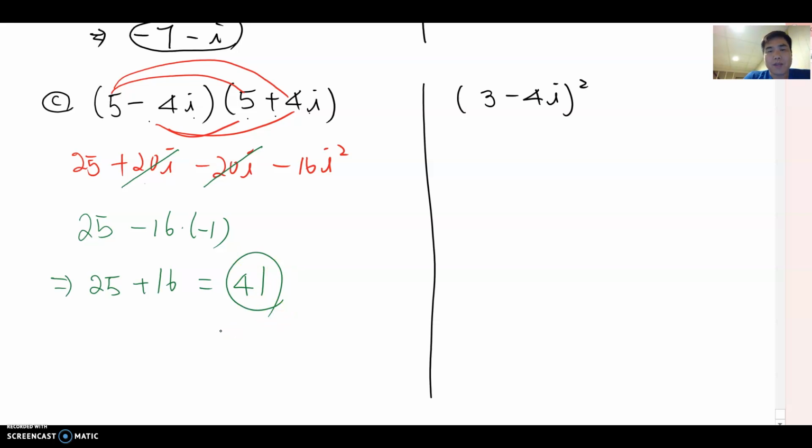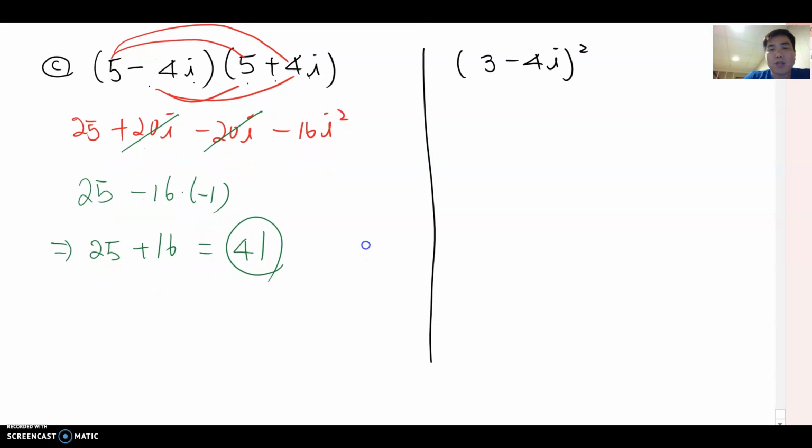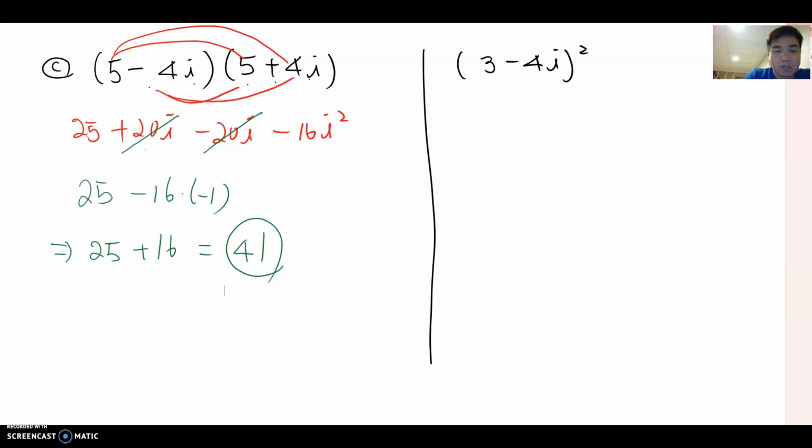Okay. Now, of course, you can always do the FOIL method. But what about the conjugate factoring property, which is a plus b times a minus b, that equals a squared minus b squared?